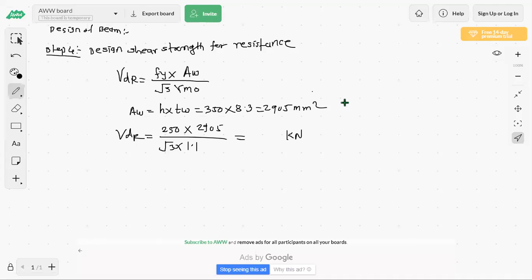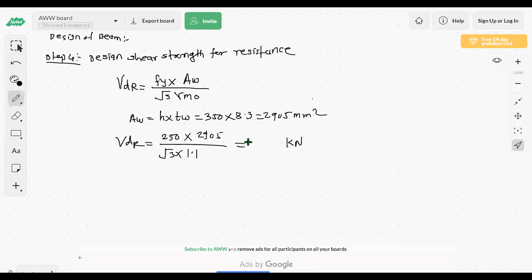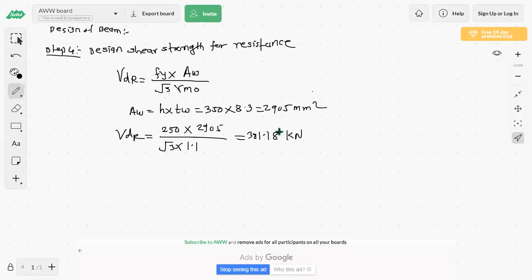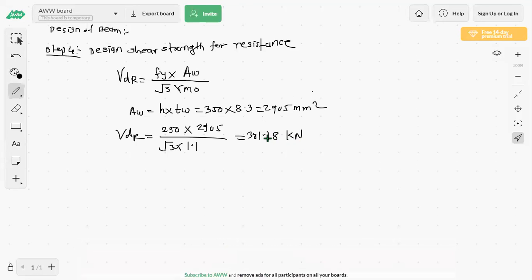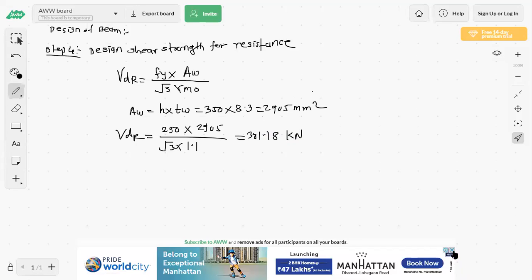So 381.18. 381.18 kilonewton is the shear strength resisted by this selected section.